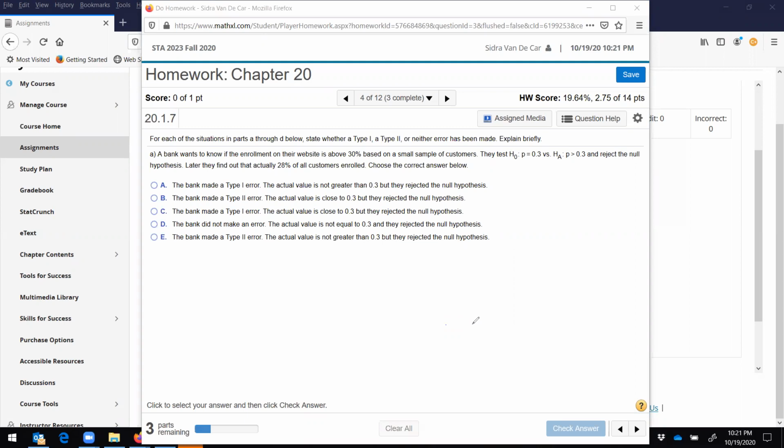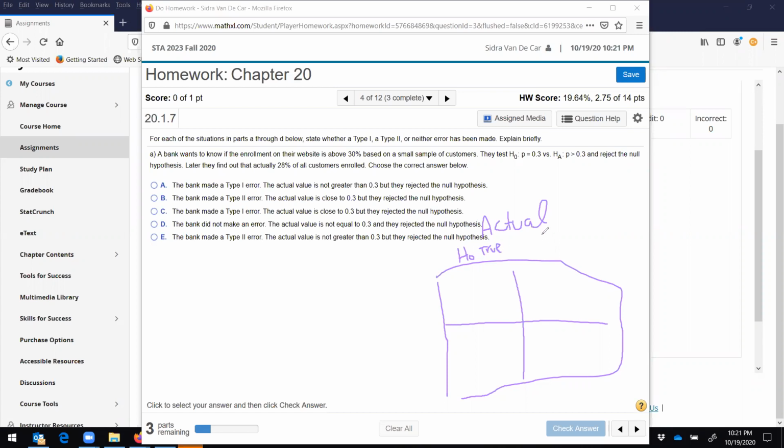All right, so remember what we did in the slides. We made a little diagram here, right? And over here we said, here's the actual truth up here: either the null hypothesis is actually true or the null hypothesis is actually false, right?